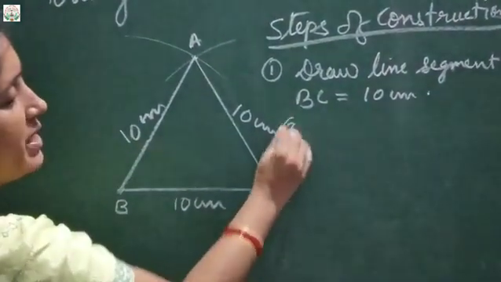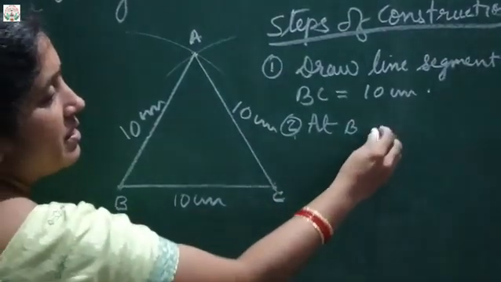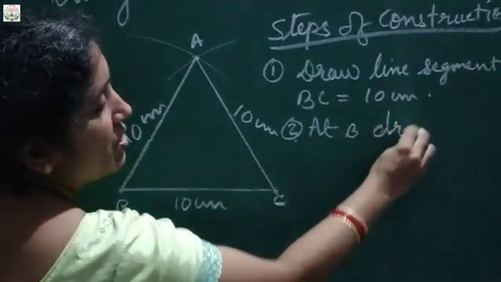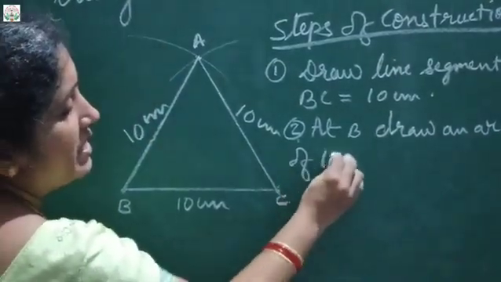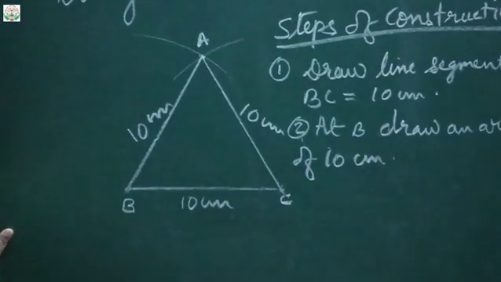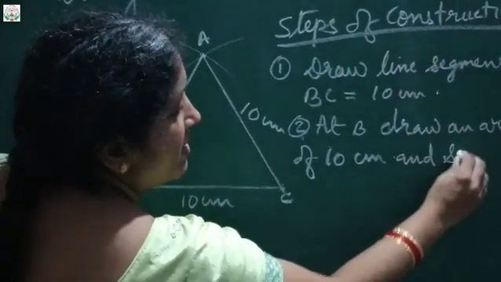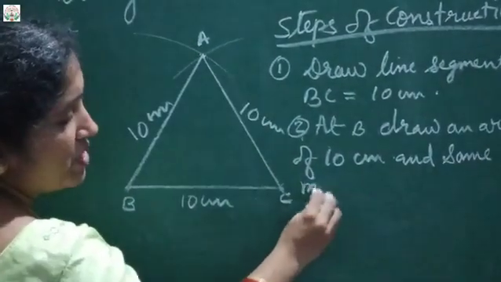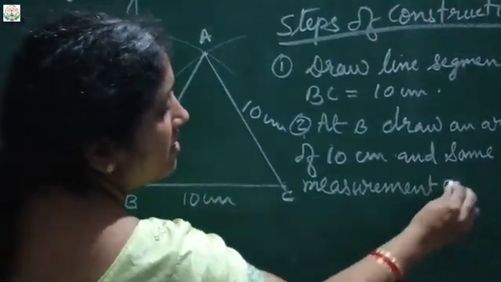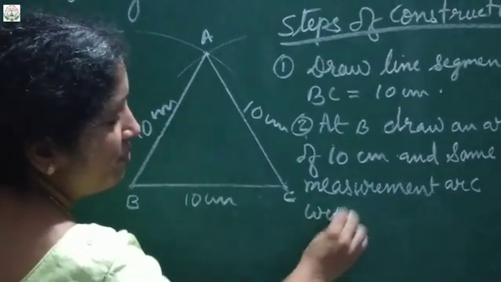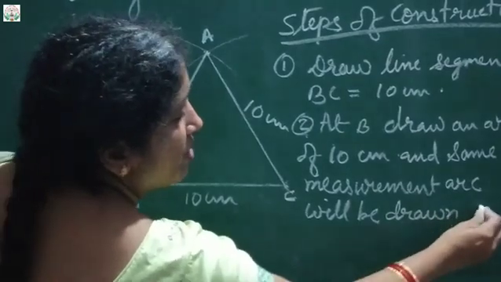Then second point: at B draw an arc of 10 centimeters, and the arc of the same measurement will be drawn from C also.